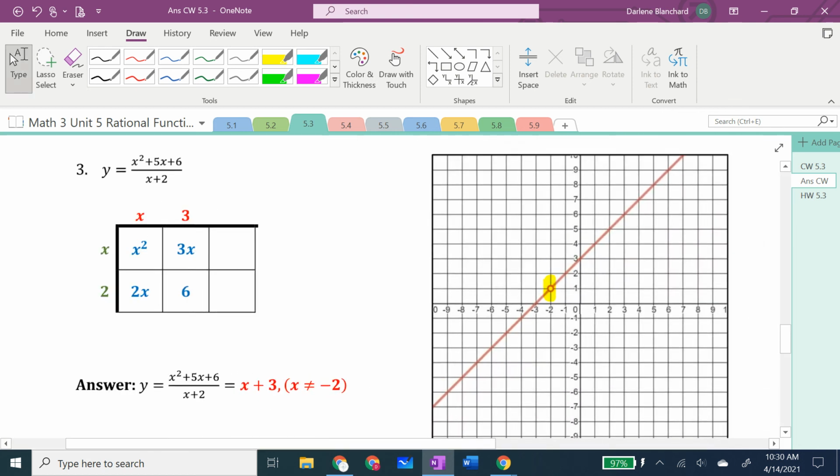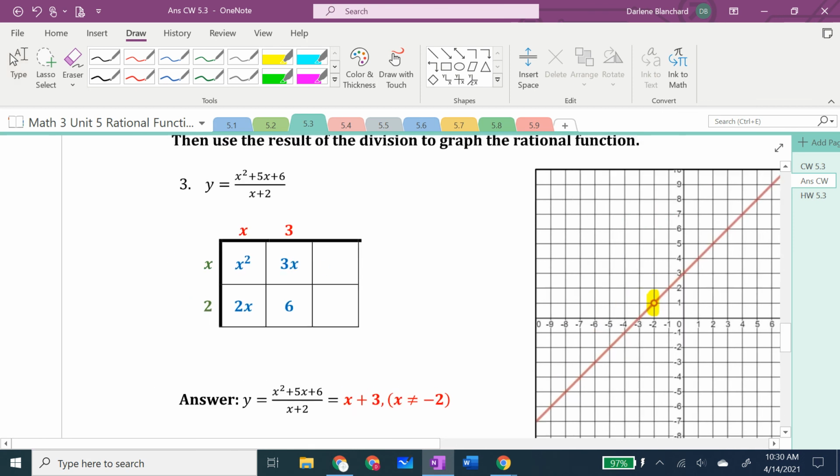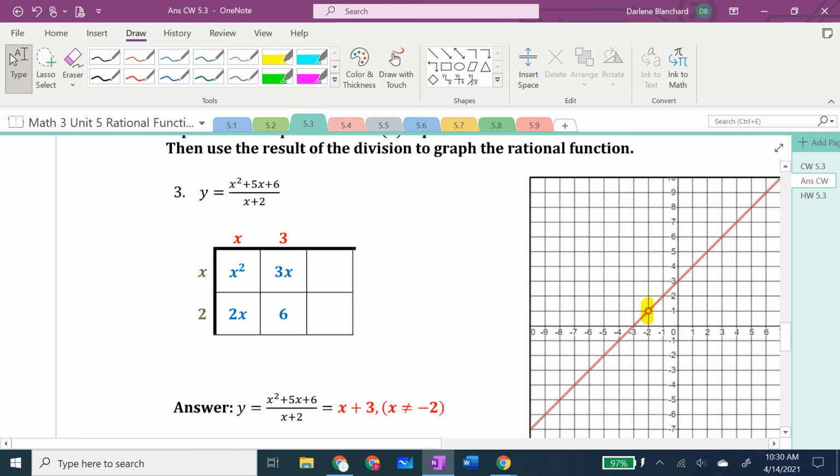So know that if you're able to completely divide the polynomials with no remainder, you are going to graph a polynomial. Just whatever makes that denominator 0 has to be specifically plotted and an open circle placed there instead.